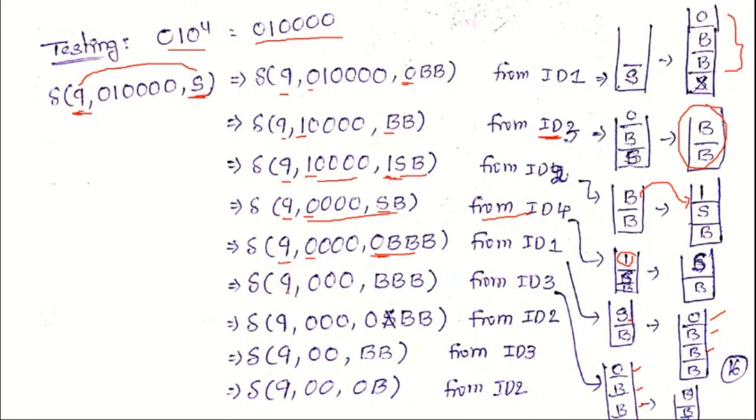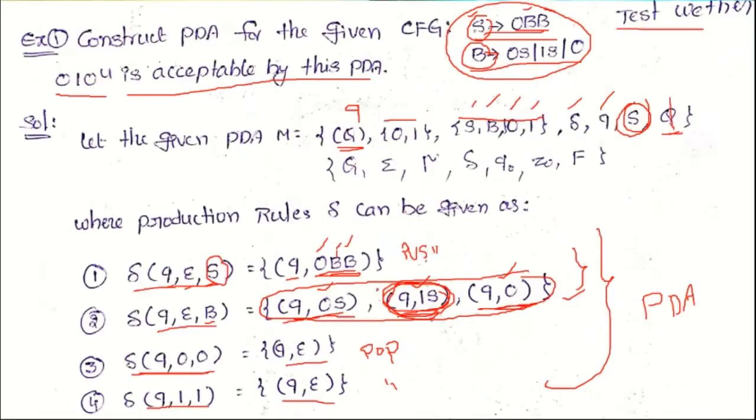In the same way, next the state is Q and the top of the stack is B, and the Q comma B combination contains 3 productions. We choose whatever production is required based on the current input 0. Here there are 3 inputs and 3 non-terminals, so in the place of B we can choose only 0. We choose this one, Q comma 0.